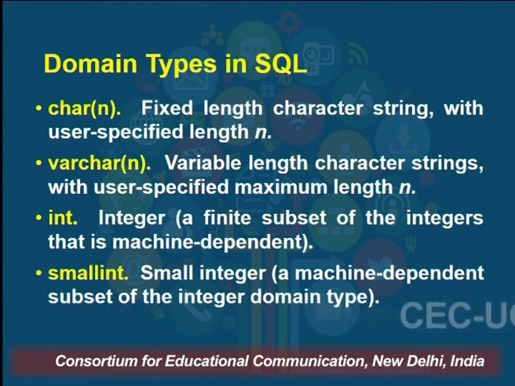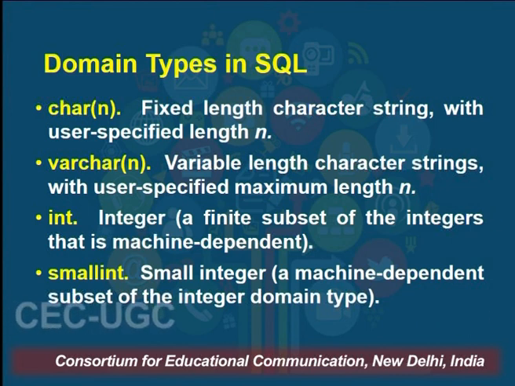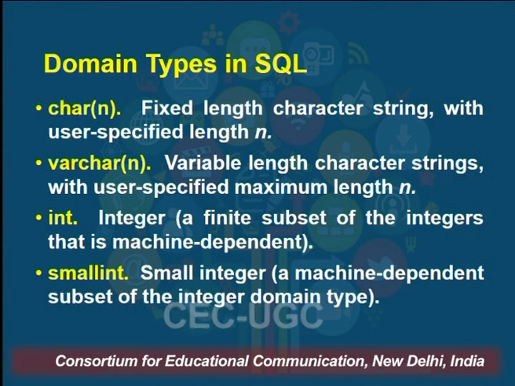For example, if I say char 10, that field will contain a fixed length character string, and that fixed length is 10. Why I am saying fixed length will be clear when I talk about varchar.